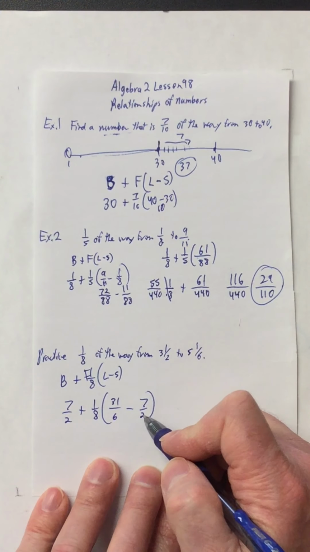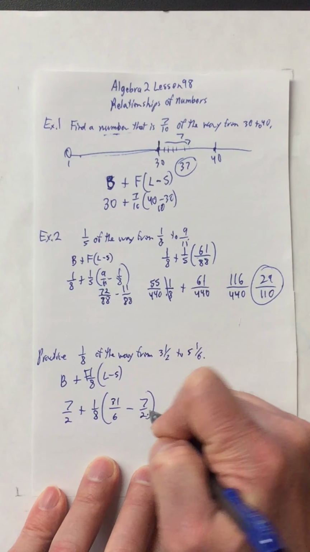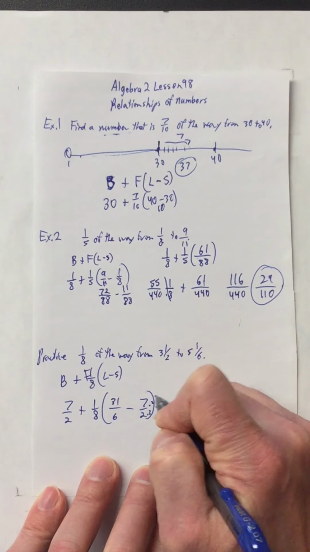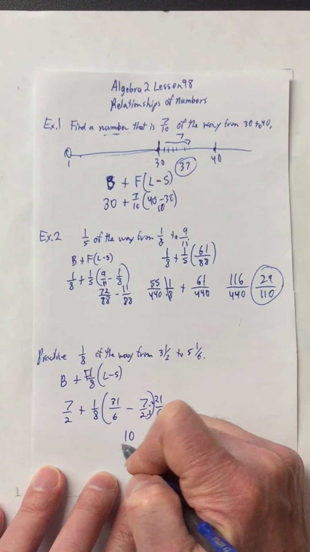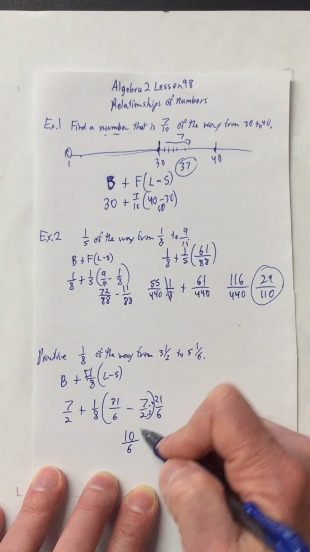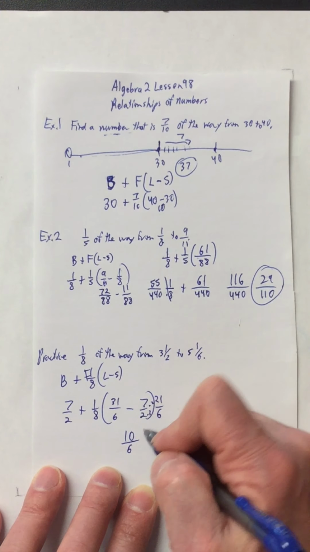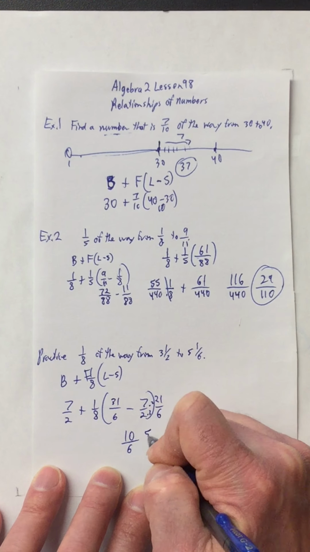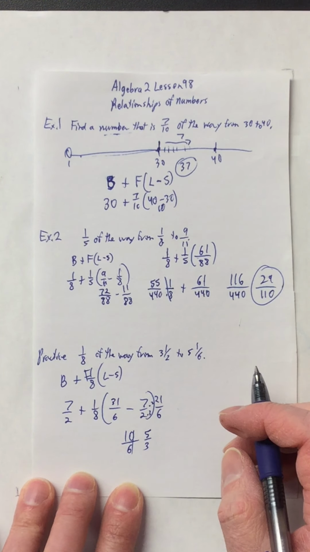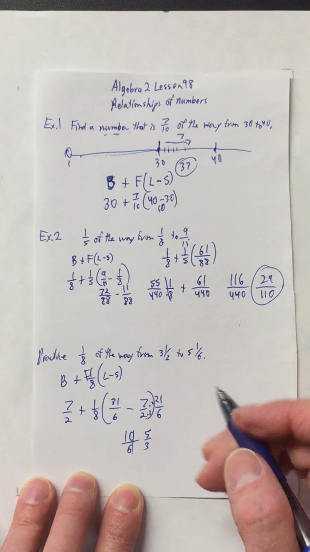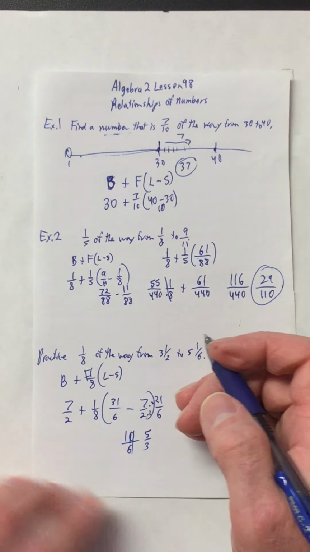Okay, let's change this one to be able to subtract it. I'm going to multiply everything by 3, so it looks like 21 over 6. 31 minus 21, looks like I get 10 over 6 here. And I can reduce that to 5 over 3 if I divide both top and bottom by 2. All right, so now I'm going to rewrite that up here.